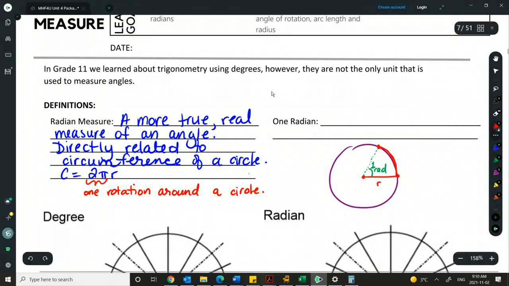So it is the rotation needed to make the radius equal to the arc length.